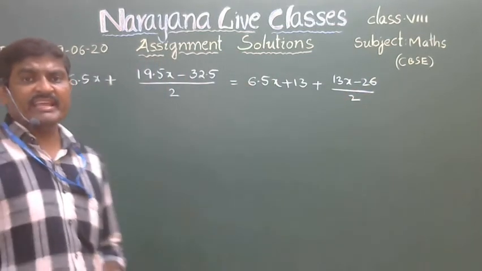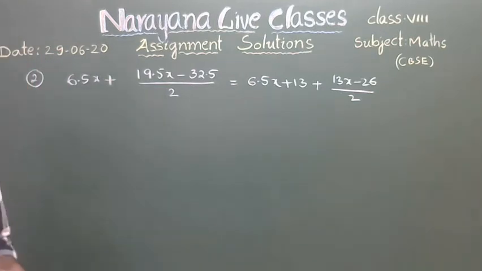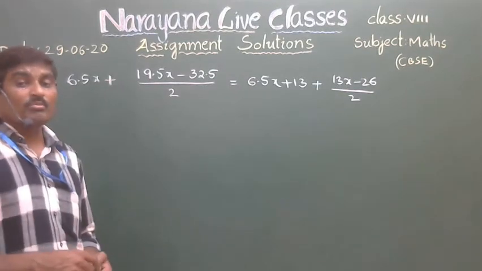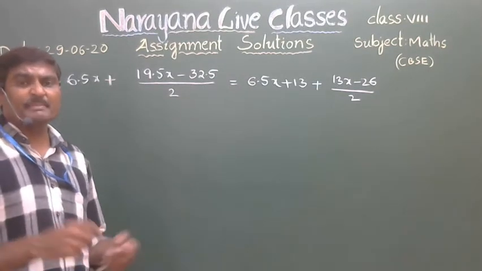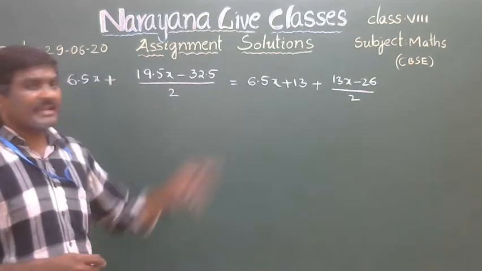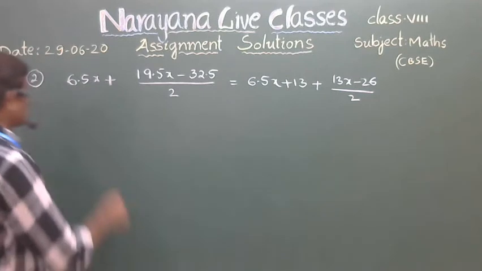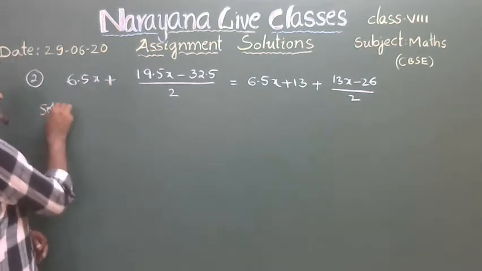This is the given linear equation. We need to solve this one first. Here we have denominators. When we have denominators, we multiply both sides with their LCM. The denominator is 2, so it is better to multiply directly with 2 on both sides.